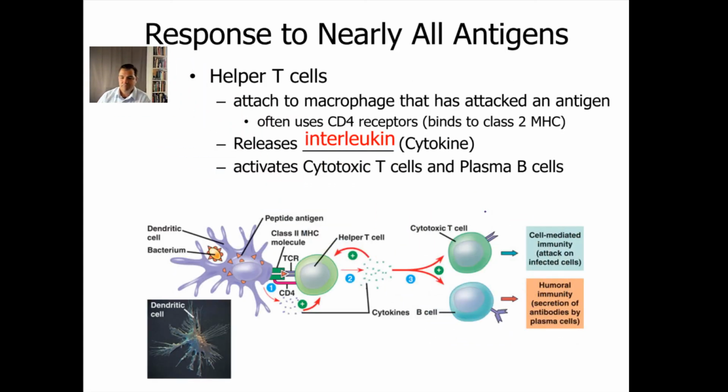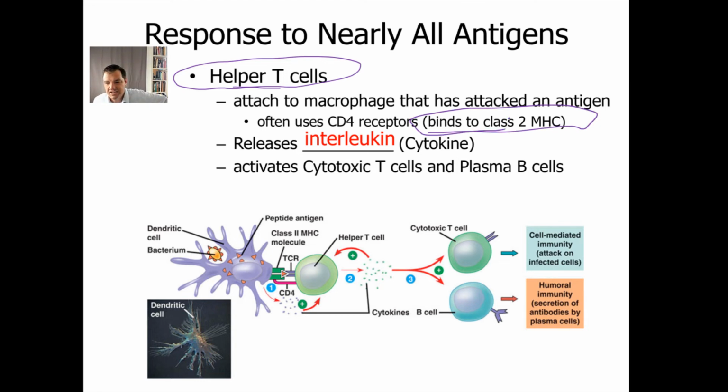Okay, now the next part is how the helper T cells work in response to almost any kind of pathogen. Helper T cells are really important. It's one of the reasons why HIV is so terrible: it takes out these T cells, which function to help all the other cells. Now, normally what happens is, we talked about the class 2 MHC, right?